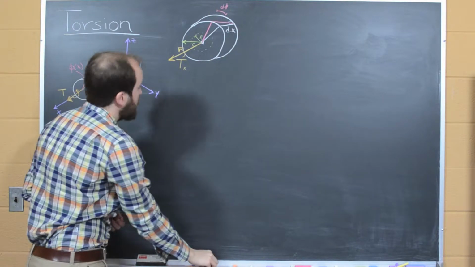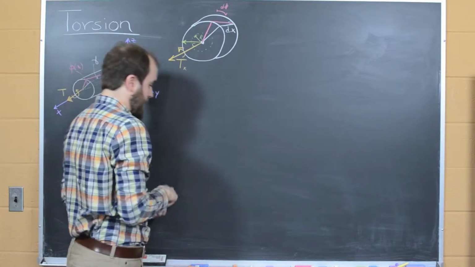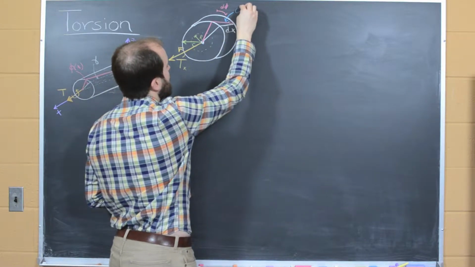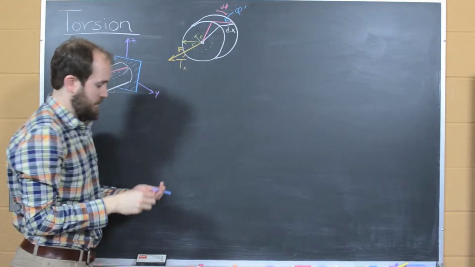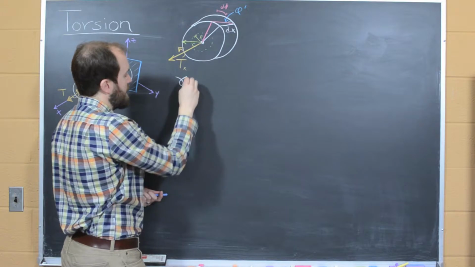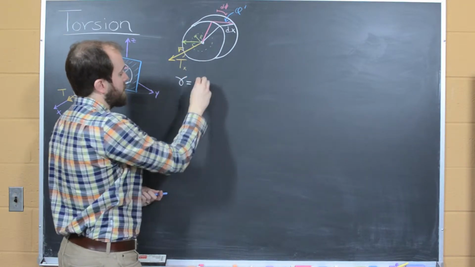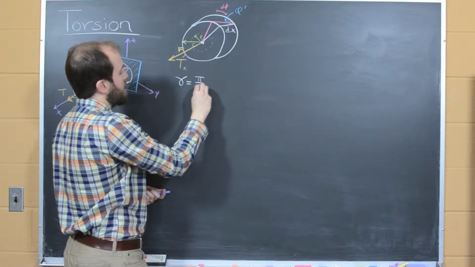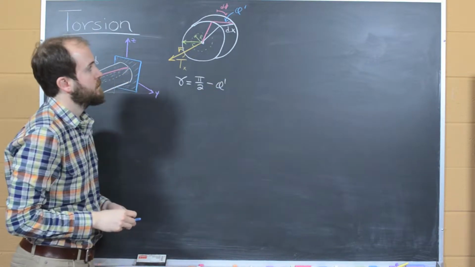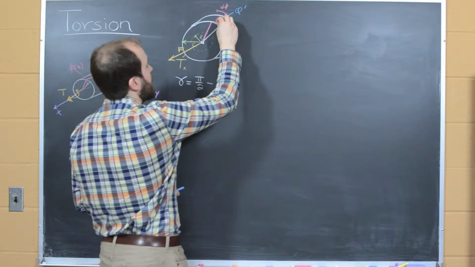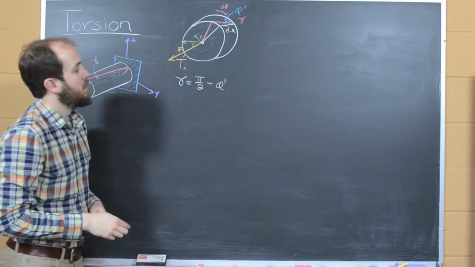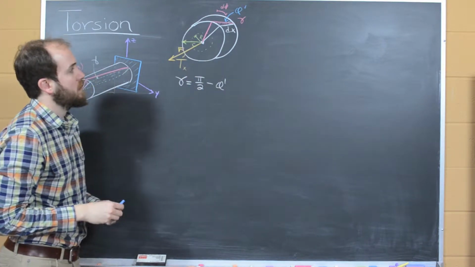This new angle here, which used to be 90, is now denoted by, we could think of that as theta prime. And if we recall our initial definition of a shear strain, it was that gamma is equal to pi over 2, or 90 degrees, minus theta prime. And so this angle in here, gamma, is accounting for the shear strain within this structure.